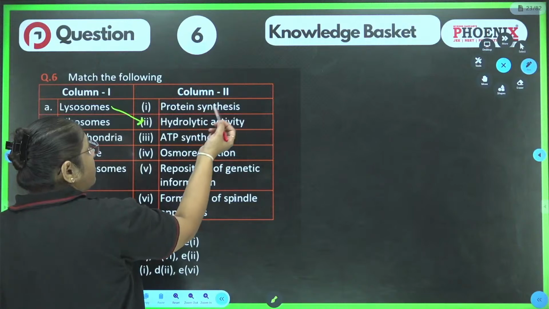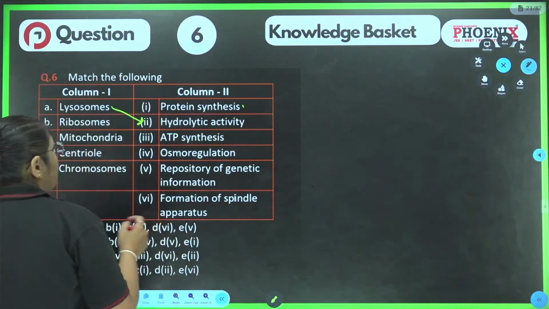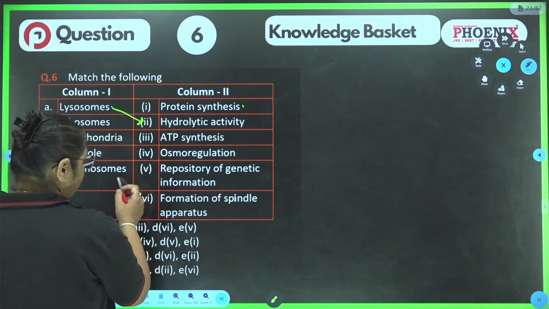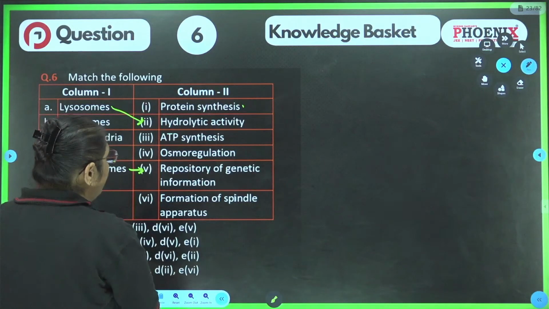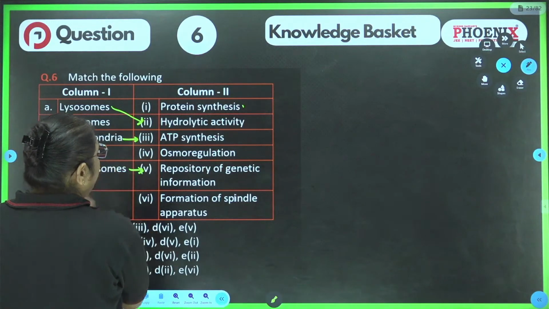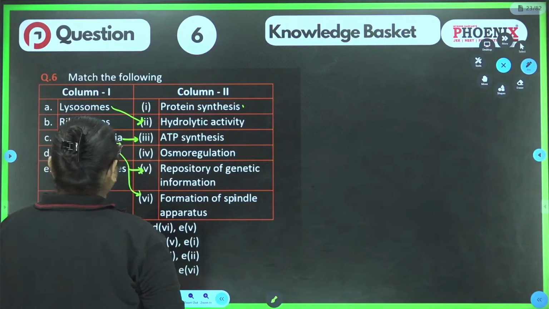Ribosomes are into protein synthesis. Chromosomes are the repository of genetic information, and mitochondria is ATP synthesis. Centriole, formation of spindle fiber.